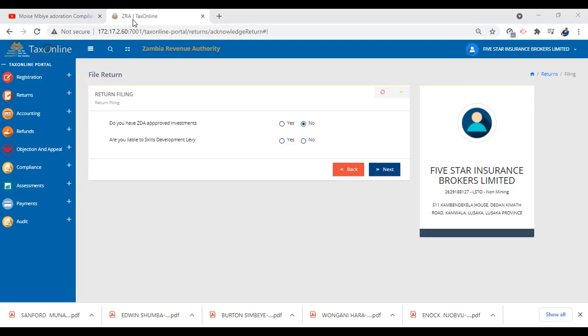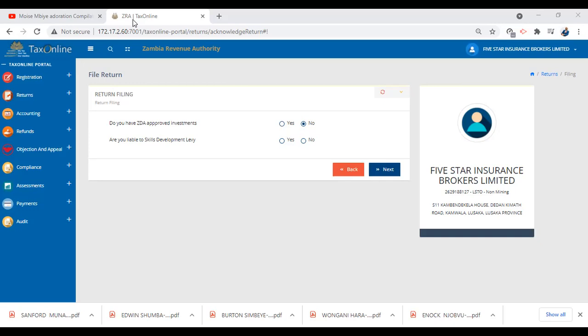Very. Okay, so what I was saying is that for skills development levy, it applies to all organizations and individuals who are registered for income tax.